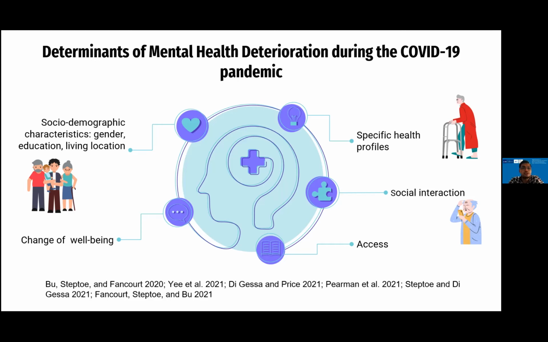So we try to include all of these variables in the analysis and see the association between these variables and the possibility of them experiencing mental health problems or mental health status decline during the pandemic.